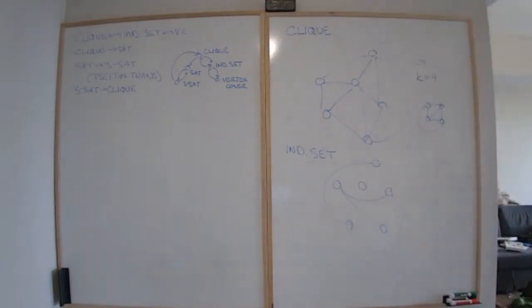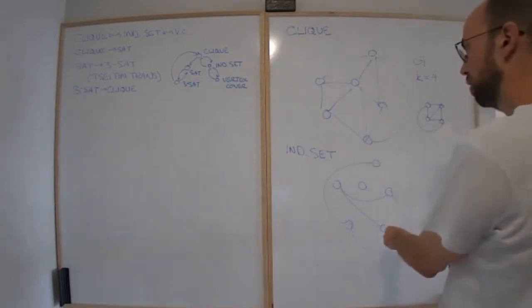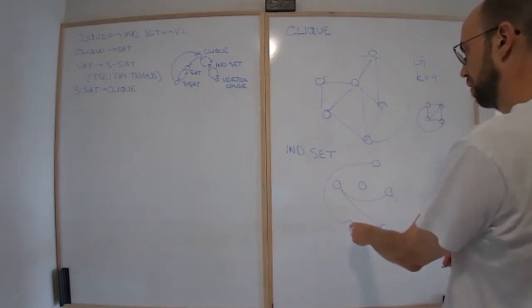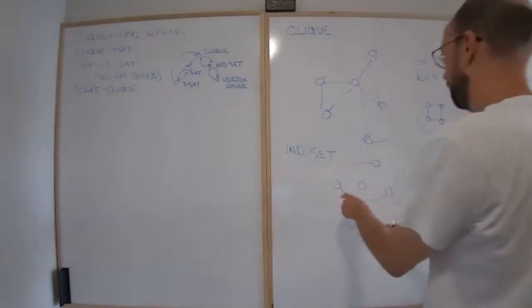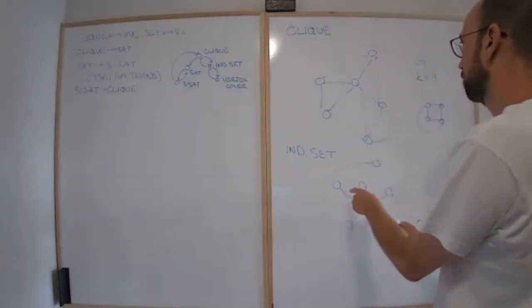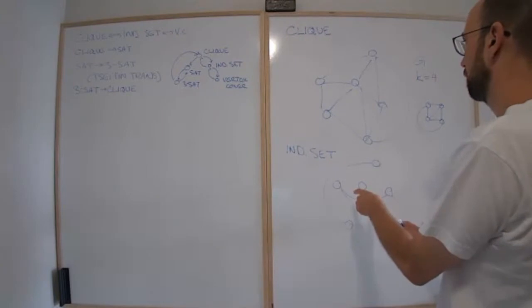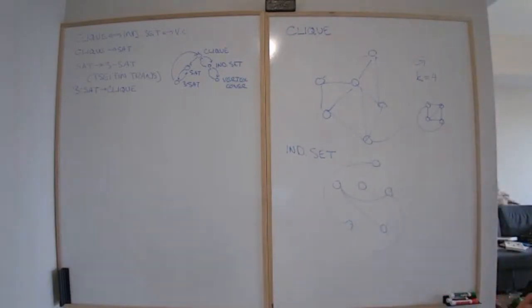Okay, so this one, 1, 2, 3, 4, 5, 6. So there are 2. So this one goes to this one, and then goes to which one? 1, 2, 3, 4. All right. Okay. So that's it.